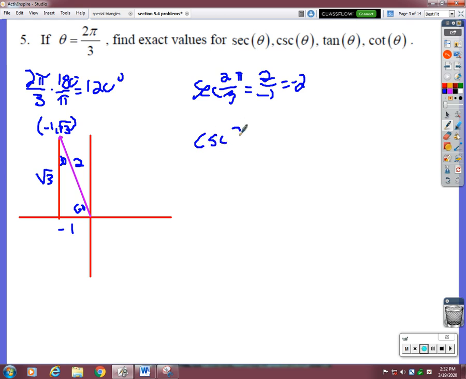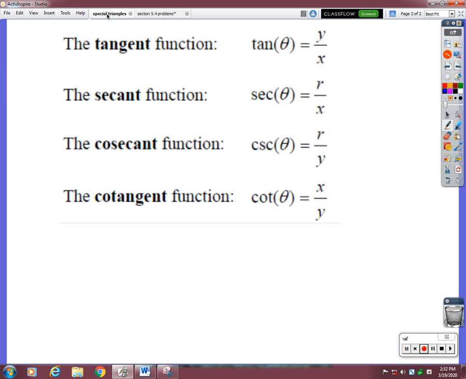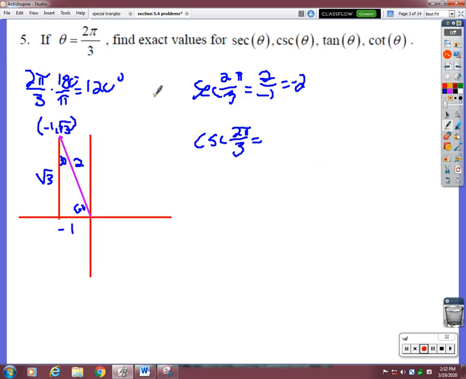Cosecant of 2 pi over 3 is, the magic chart tells us, r over y, so that's 2 over square root of 3. If you really wanted to, you could rationalize this denominator. So multiply top and bottom by the square root of 3, so that would be 2 root 3 over 3, which is probably the answer in the back of the book.